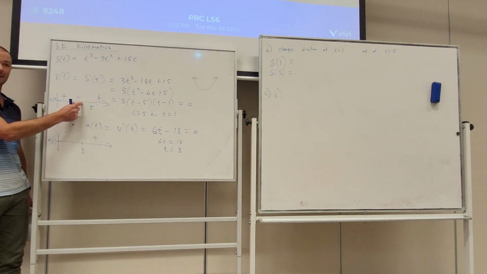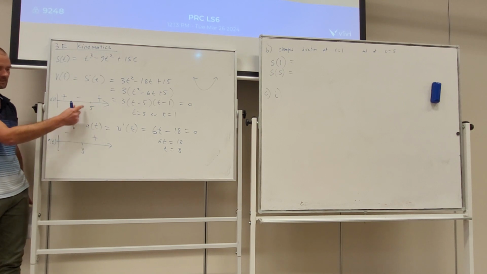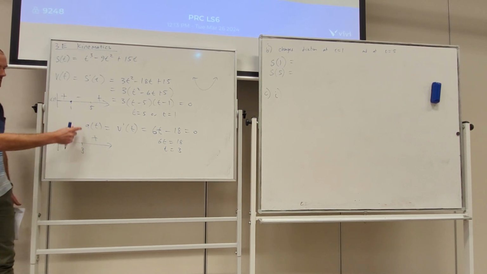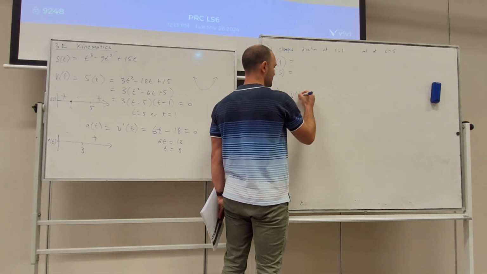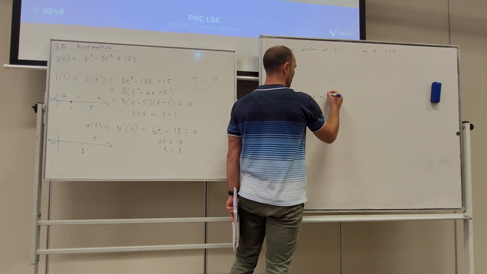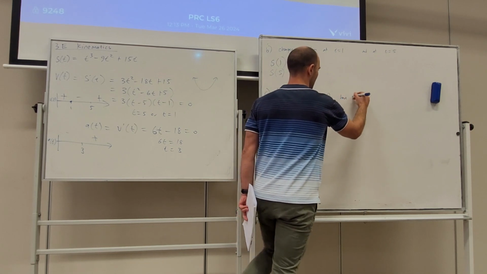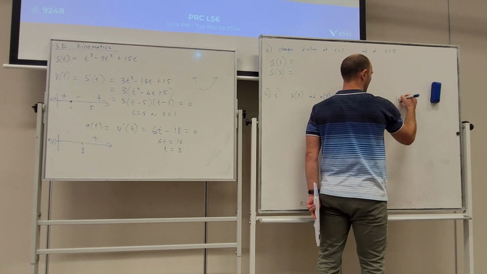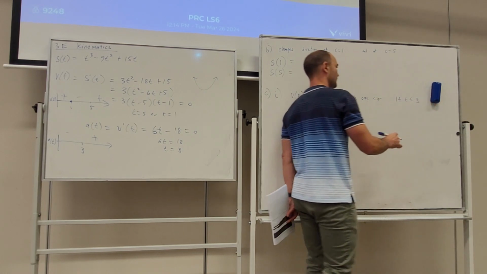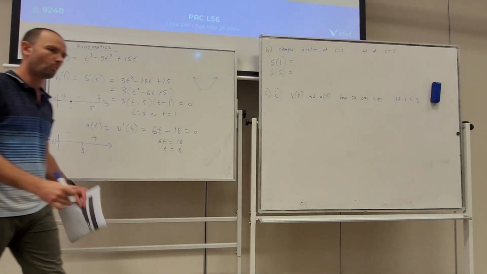They're both negative between time is 1 and time is 3. So that's the first interval when speed is increasing, when V of t and A of t have the same sign: from 1 to 3.